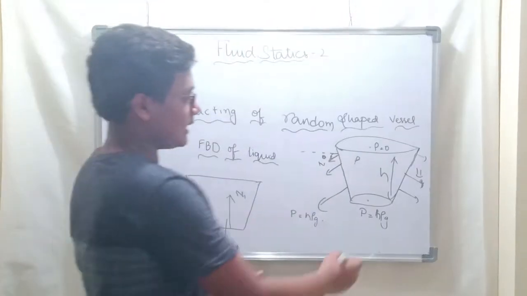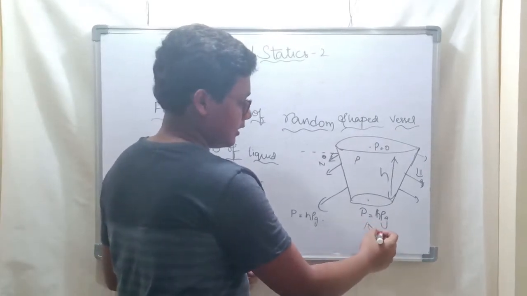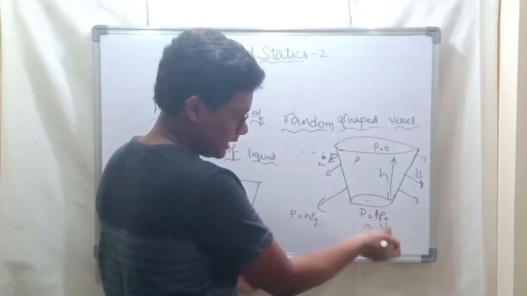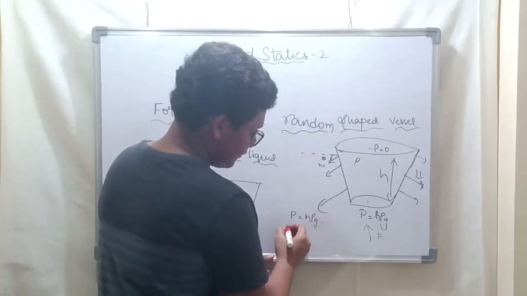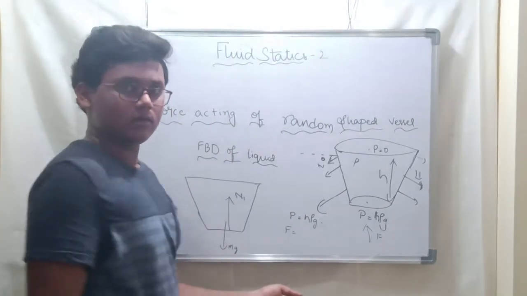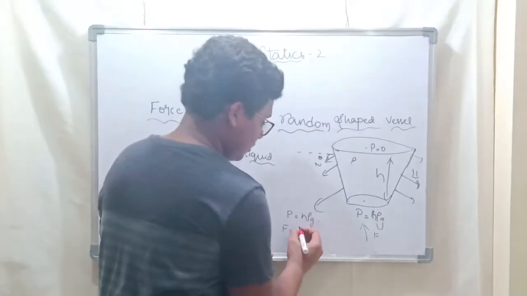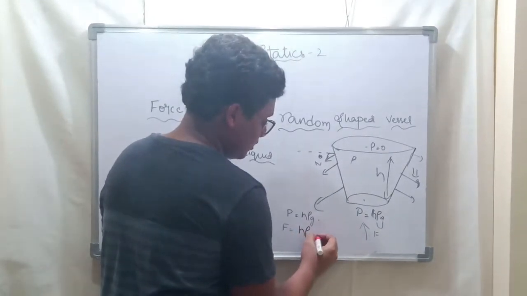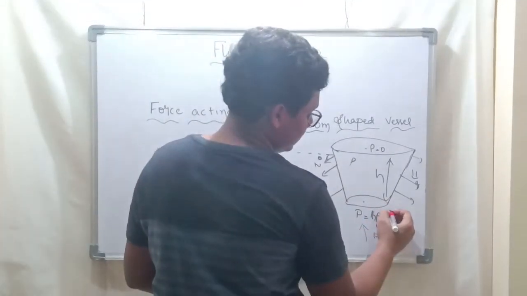So the force acting at this point is F equals pressure into area. So h rho g into area.